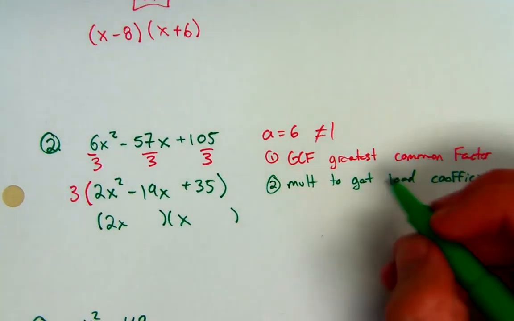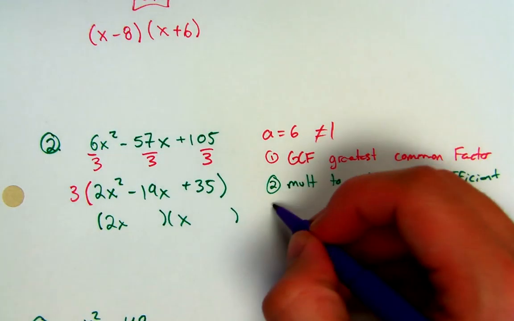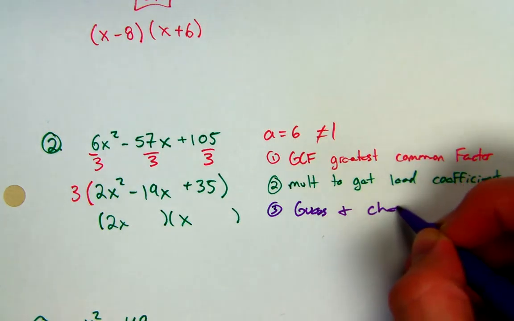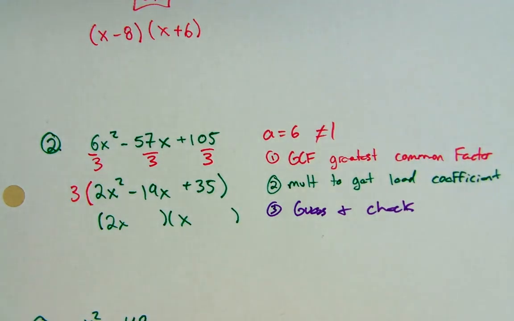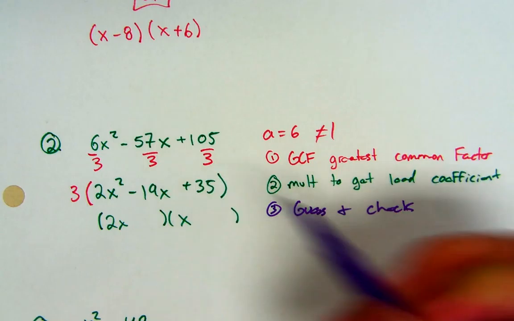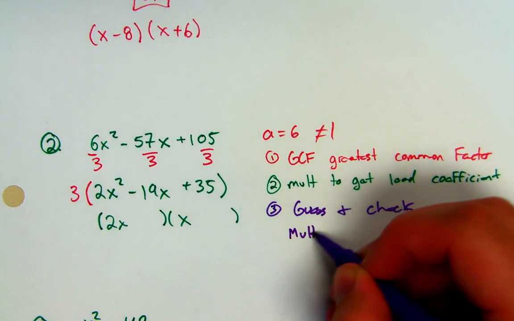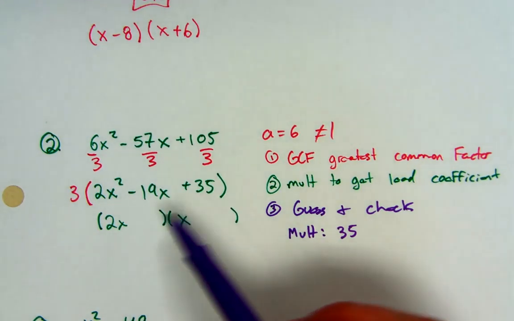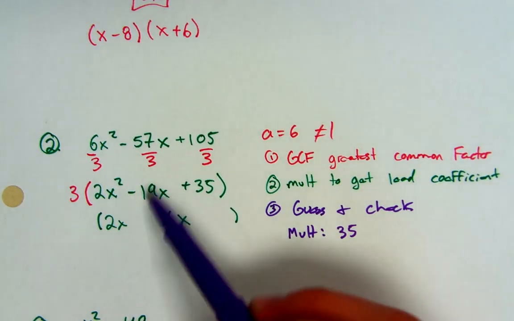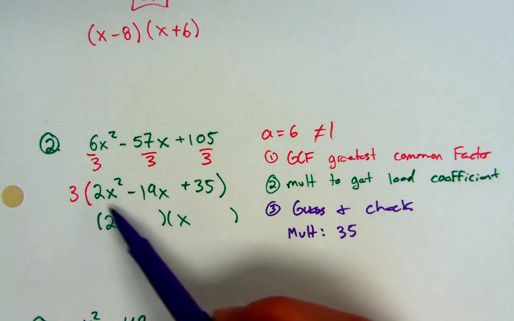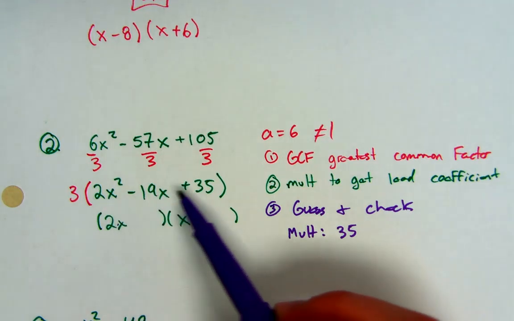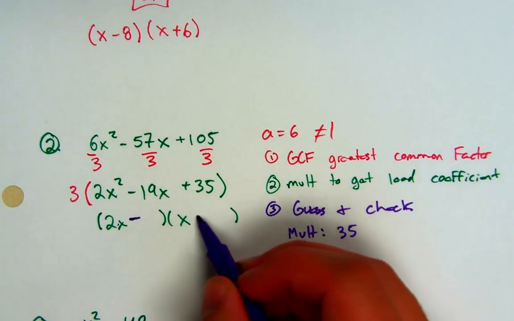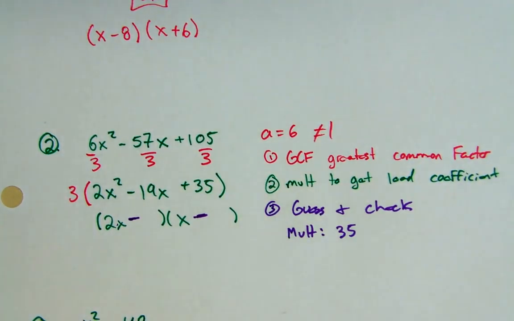And this is where guess and check comes into play. So now step 3 is guess and check. So I still need 2 numbers that multiply to get 35, but I need to get a negative 19 in the middle. This 2 is going to change things, though, because I'm going to multiply 2 times whatever's there. The negative tells me I need 2 negative signs because I need a positive 35.